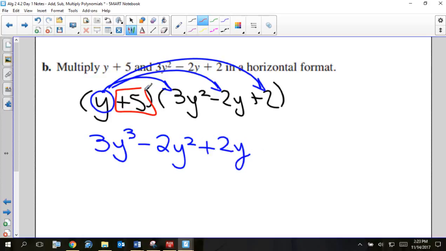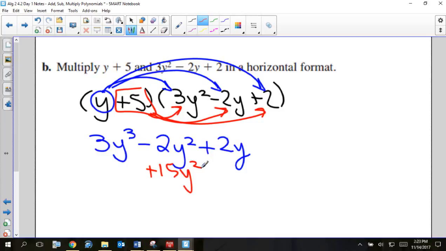Then I distribute 5 to all three terms. And I like the vertical method. So you will see when I do 5 times 3y squared, I get 15y squared. I'm going to put it underneath. But you could, if you want, put it in one big line if you like the horizontal method.